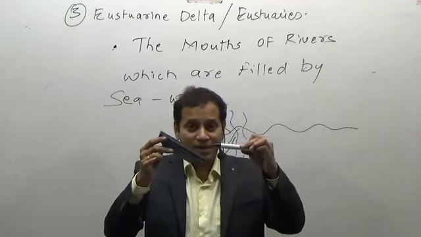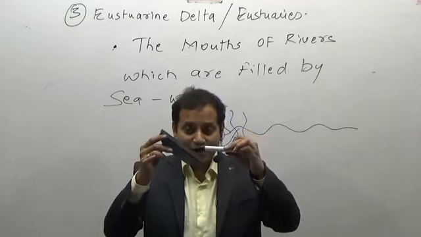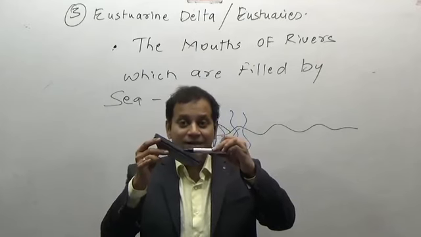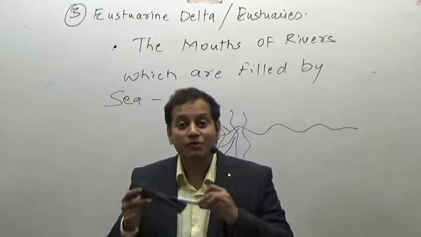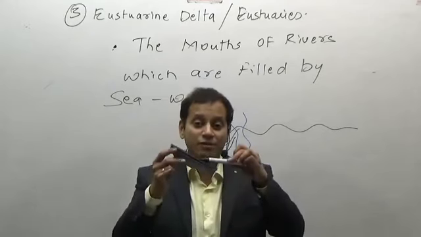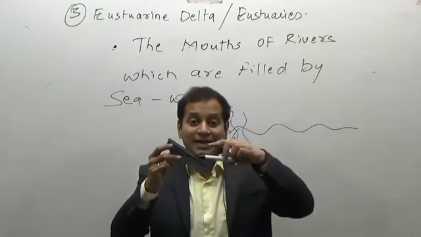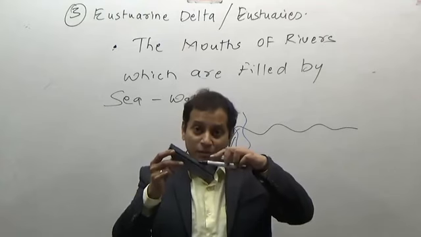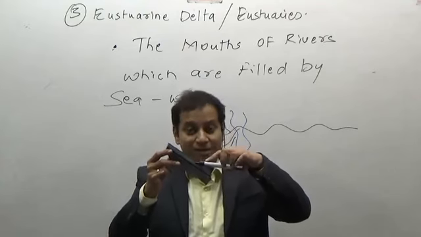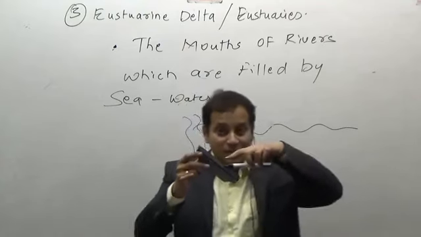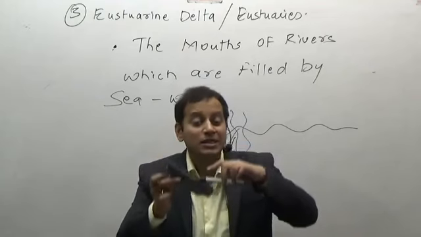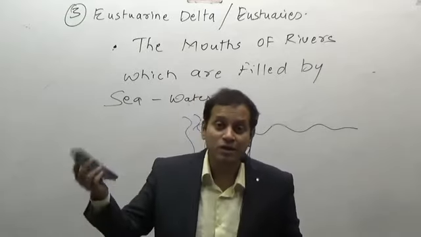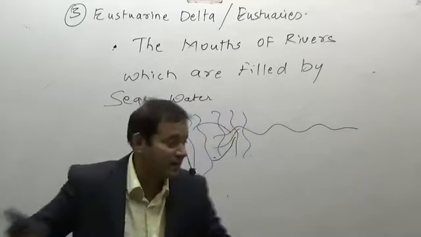It tilted and went below the sea, and as a result the mouths of the river Narmada and the river Tapi got filled with the sea, resulting in the formation of estuaries. The part of the western coast which went inside the sea, if you look at it from the western side, looks like a mountain, which is just the edge of a plateau. That is why we call it the Ghats.